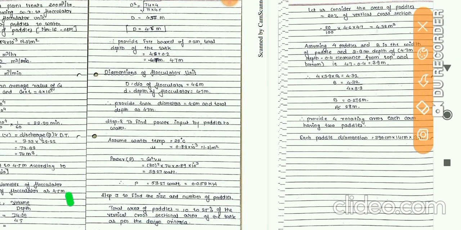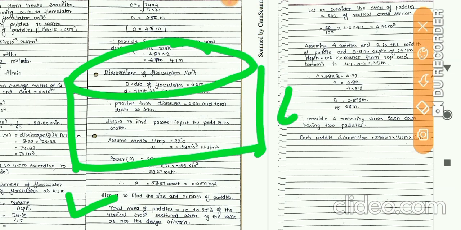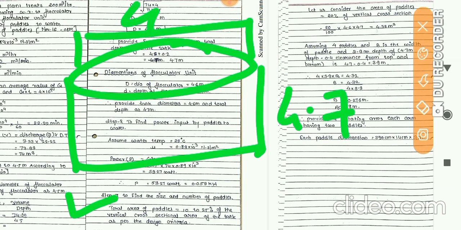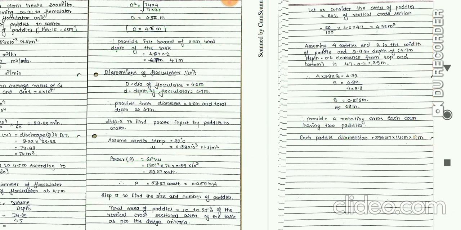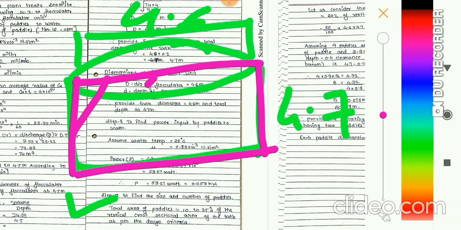Now step number 3, that is the actual design of paddles. We have to assume 10 to 25% of the vertical cross sectional area. As we know, this is the circular type of flocculator, and the depth is 4.7 and diameter is, as we have determined, 4.6 meter. So vertical cross sectional area means diameter into depth.